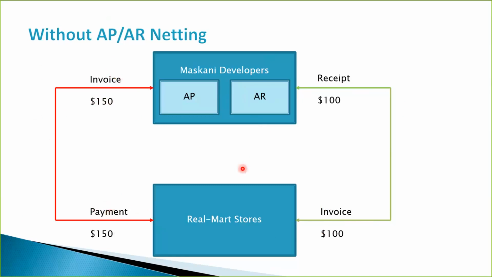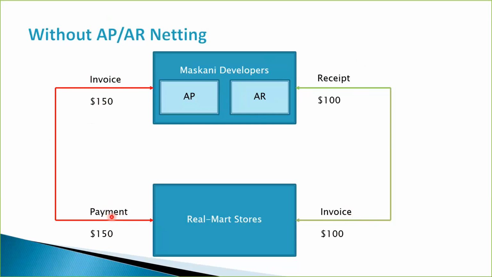So in this case, we have 4 documents in total, right? We have this invoice that we send them, we have this receipt that we get, we have this invoice that they send us, and we have this payment that we send them. So that is the case without AP and AR netting.